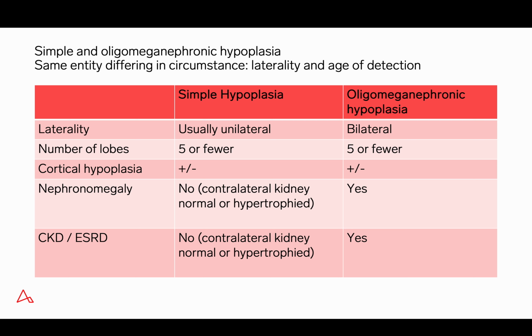They both very often have cortical hypoplasia or reduced radial glomerular count. Since simple hypoplasia is unilateral, the contralateral kidney is normal or hypertrophied, thus those patients do not present with CKD or end-stage renal disease. However, oligomeganephronia is a bilateral disease, thus those patients do present with CKD and end-stage renal disease.